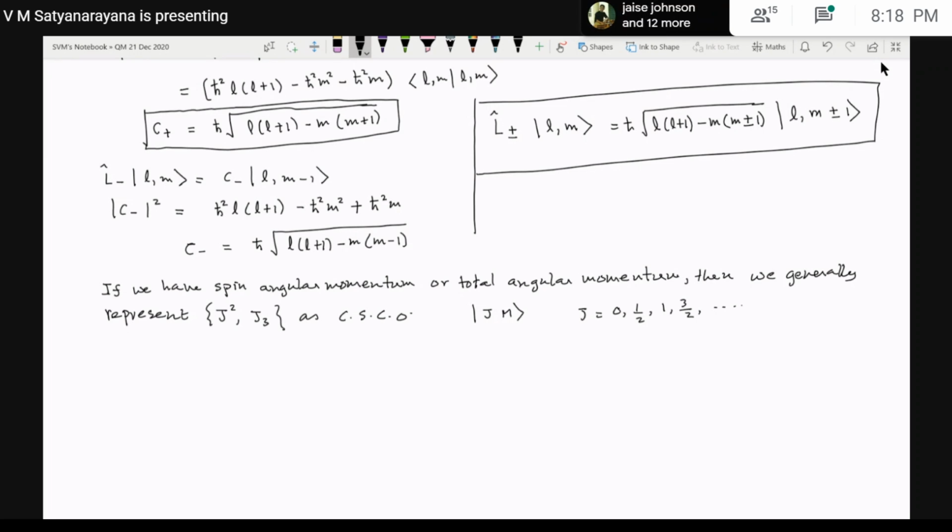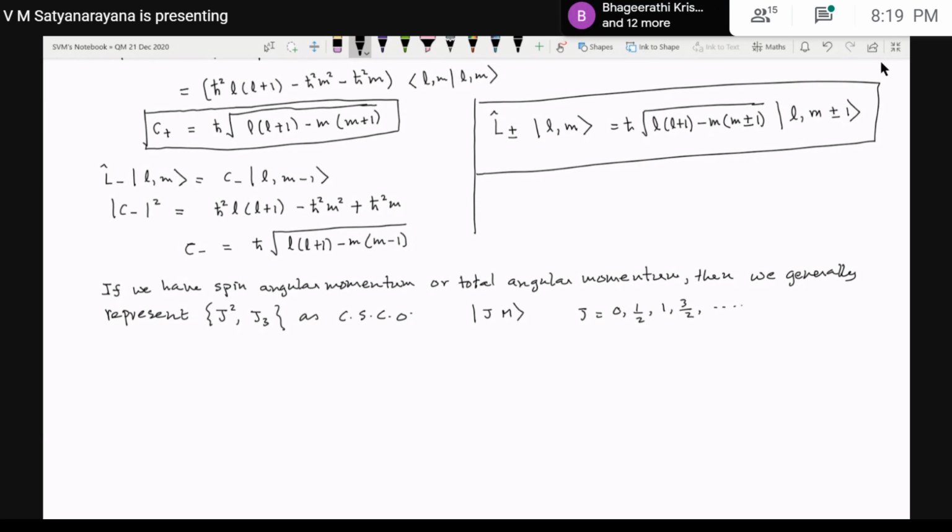This we had seen last time, that this is the general result, but because of certain classical nature, the orbital angular momentum has given us the result that only integer values are there. In general, you will have both integers and half integers.